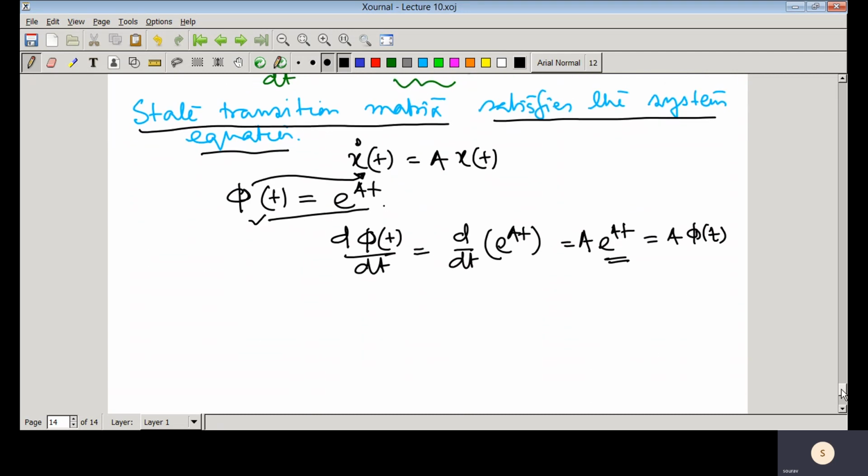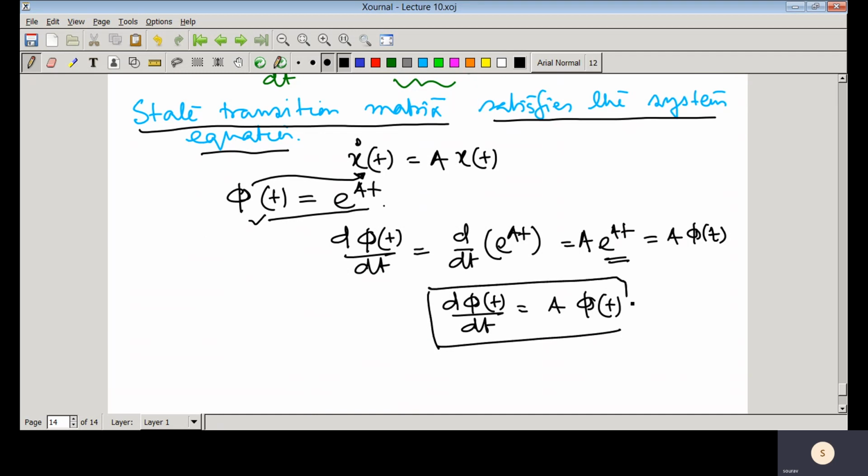So finally the expression we have is d phi(t)/dt = A phi(t). So you can see that phi, the state transition matrix, also satisfies this system equation. This is a very important property.